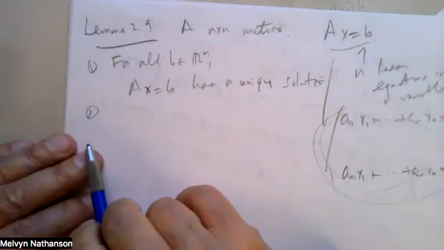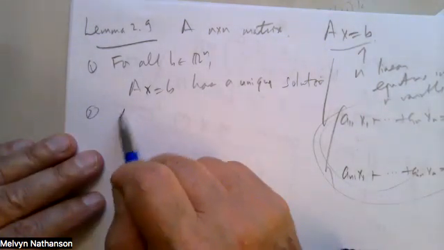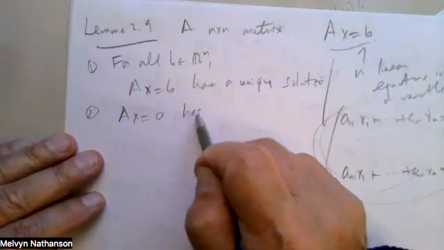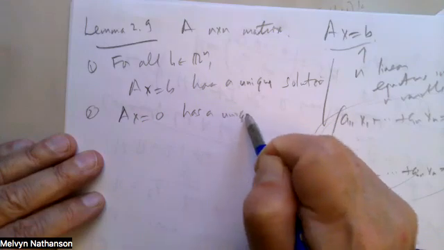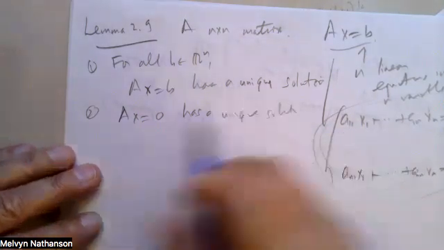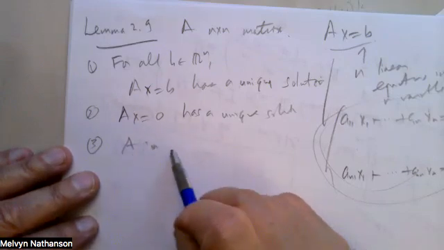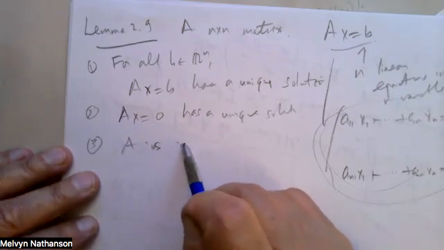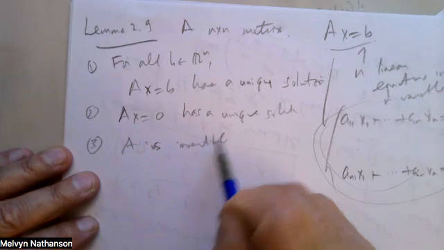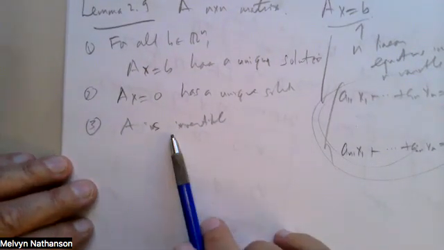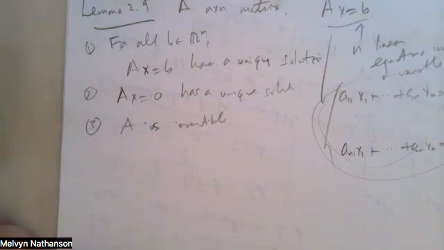Second, the homogeneous equation, which is a special case, Ax equals 0, has a unique solution. The third equivalent statement says that A, that matrix, is invertible. And if A is invertible, then every one of these equations has a unique solution.